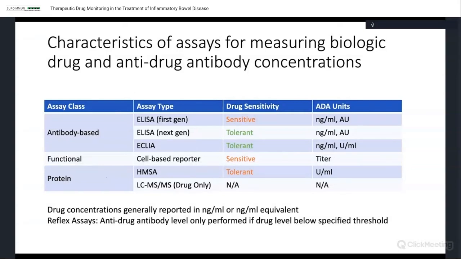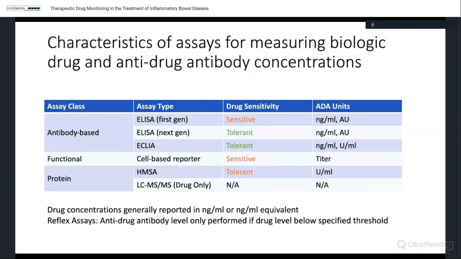And this gets to the important point, and I'll mention this a couple of times, of knowing your assay and becoming familiar with the assay that you use in clinical practice. Generally, drug concentrations are reasonably comparable, and they're at least reported in the same units typically, which is nanograms per ml or nanograms per ml equivalents for functional assays.